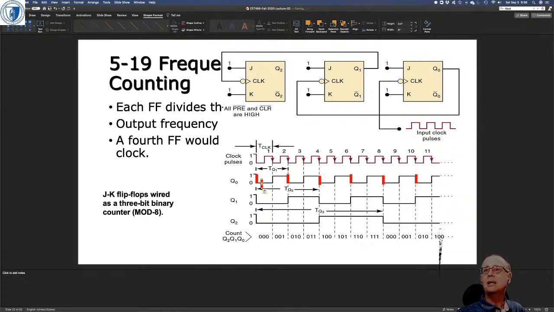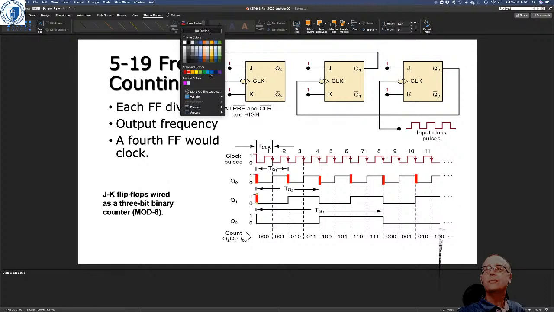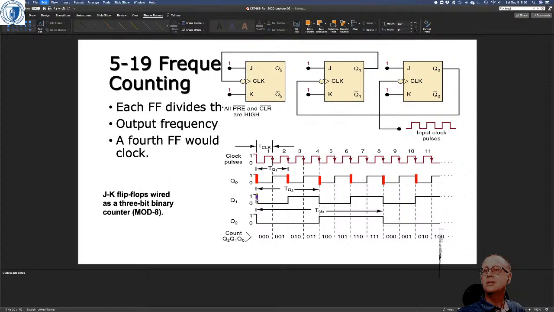And then similarly for Q2, the interesting transitions are the negative going transitions of Q1, right?